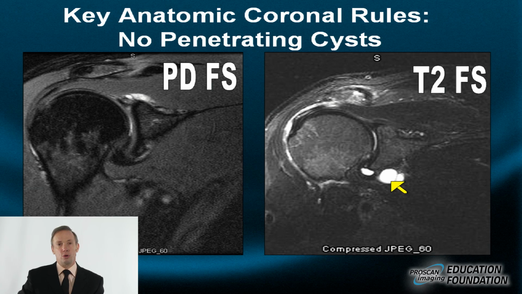Now, how do you tell that's a pseudocyst and not just some floppy capsule? Well, it's under pressure. It doesn't have the shape of the capsule, which is over here. One sees a knobby, expansile appearance with some septation. So the very fact that it's under pressure, and you can see a tail, this is the tail, going right through the inferior labrum, it should never be able to come all the way out medially, means that it's abnormal.